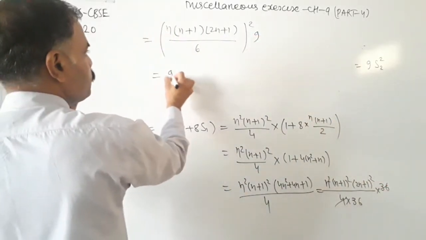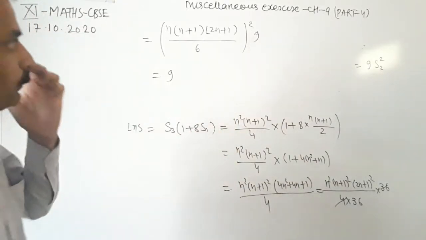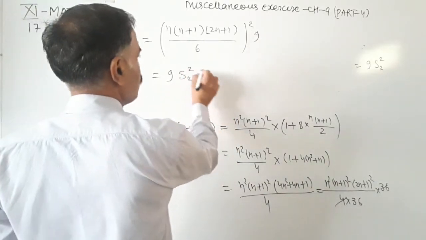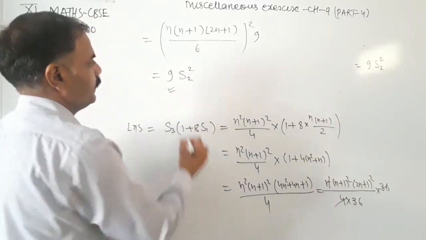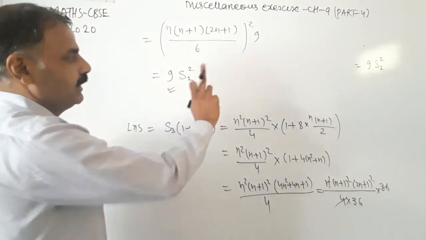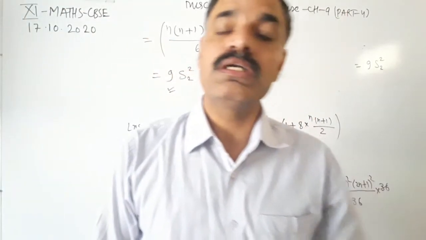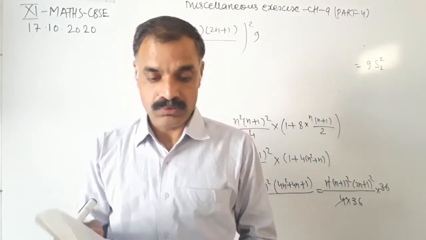So this is equal to 9 into S2 whole square. So we have proved that S3 into 1 plus 8 S1 equals 9 S2 whole square. This was question number 24 and the first question of today's class.